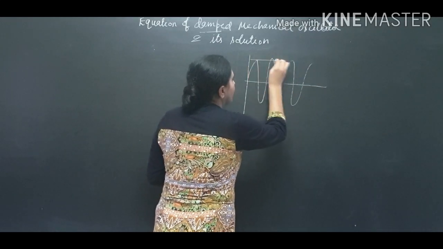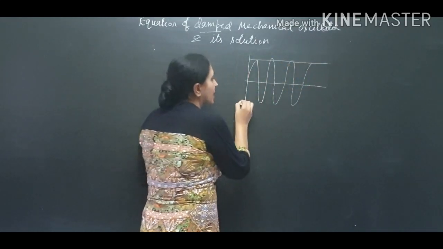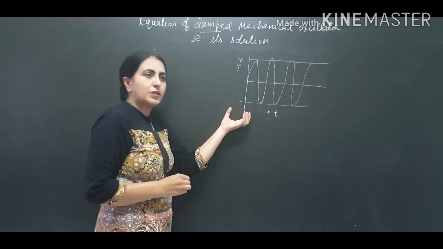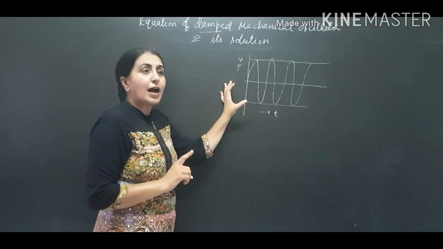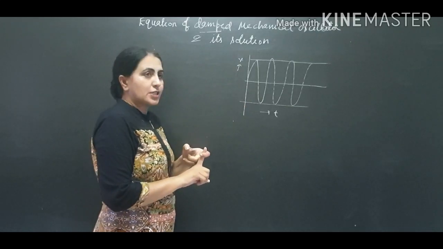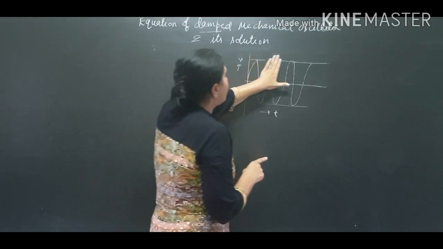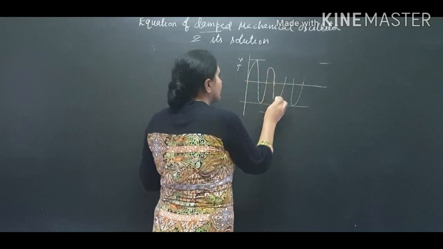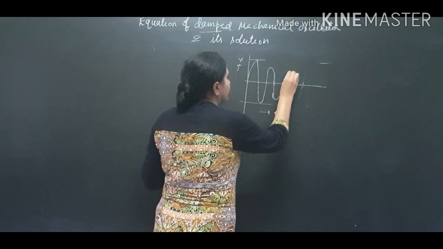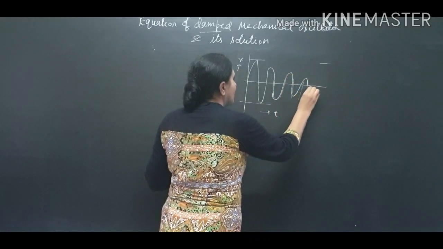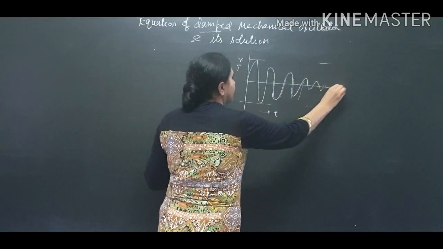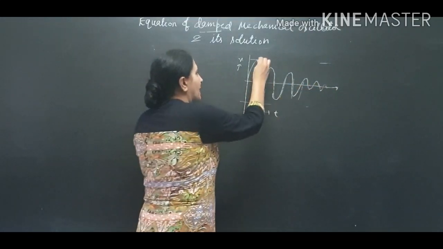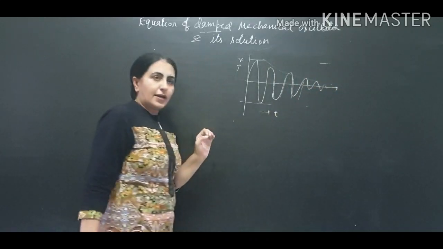The amplitude is the same throughout. Okay? And this is x and this is t. So the amplitude doesn't change. This is for undamped. And if this is for damped, then the amplitude is like this. It decreases with the passage of time, and sometimes it comes to 0. So the amplitude decreases with the passage of time, that is damping.